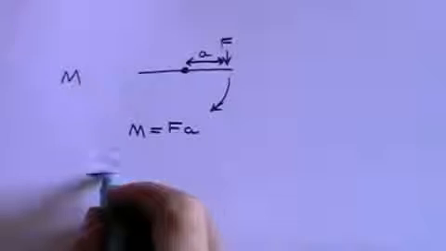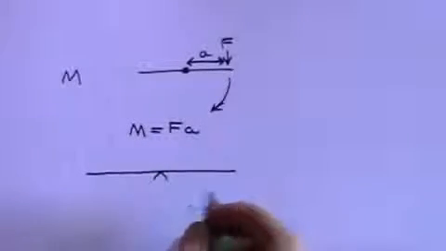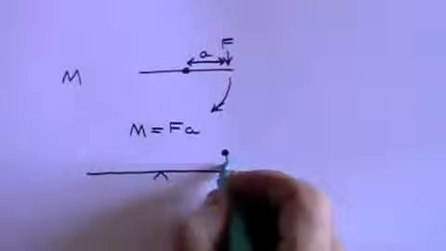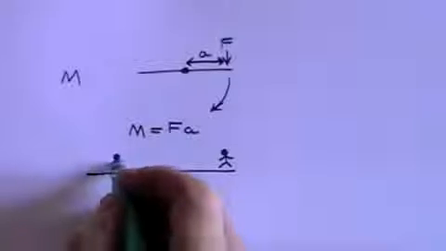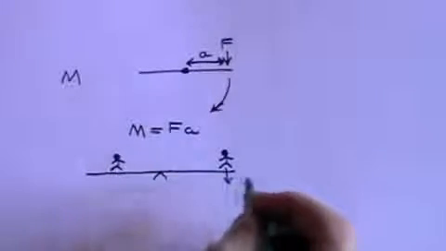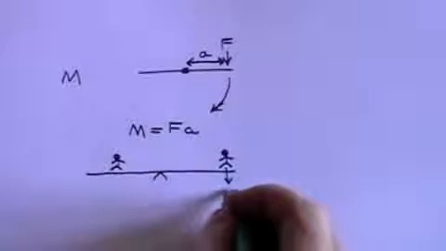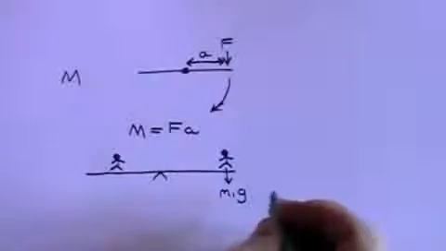Now you can have moments of forces that balance, and the best example of that is a seesaw. Here is a seesaw, here is the pivot point, and here are two people. They should be sitting on the seesaw, but rather foolishly I'm going to have them standing on the seesaw. This person has a mass m1, and therefore will have a force of m1g.